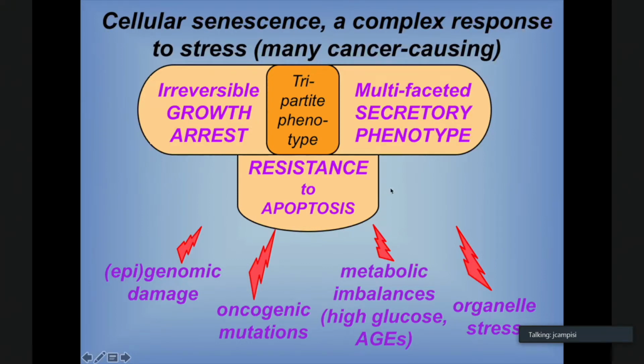But things that derange metabolism, for example, mitochondrial dysfunction, things like high glucose, the development of these AGEs, they all can drive cells into this senescent phenotype. So we think all of these are bad, all of these happen with age, and they all develop eventually into an aging organism. And so we would like to prevent this phenotype for that purpose.